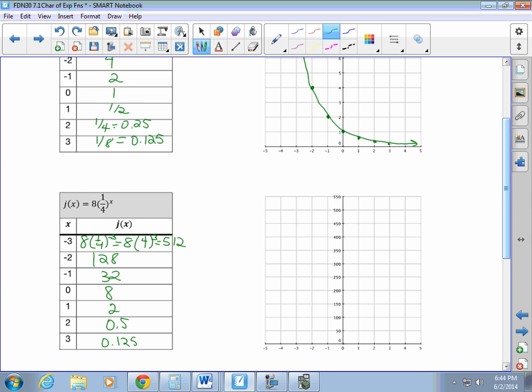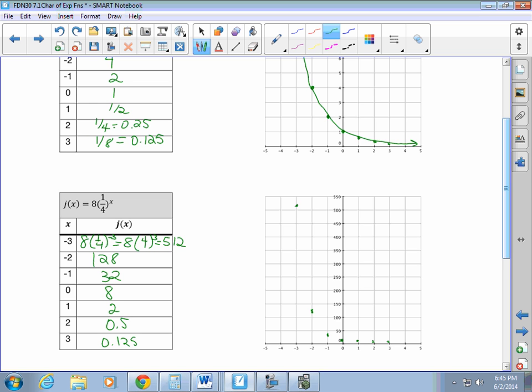So if we go to plot these, at -3 we were at 512, so it's about approximately right there. -2 and 128 would be just a little over half. -1 and 32. 0 and 8. 1 and 2. 2 and 0.5. 3 and 0.125.